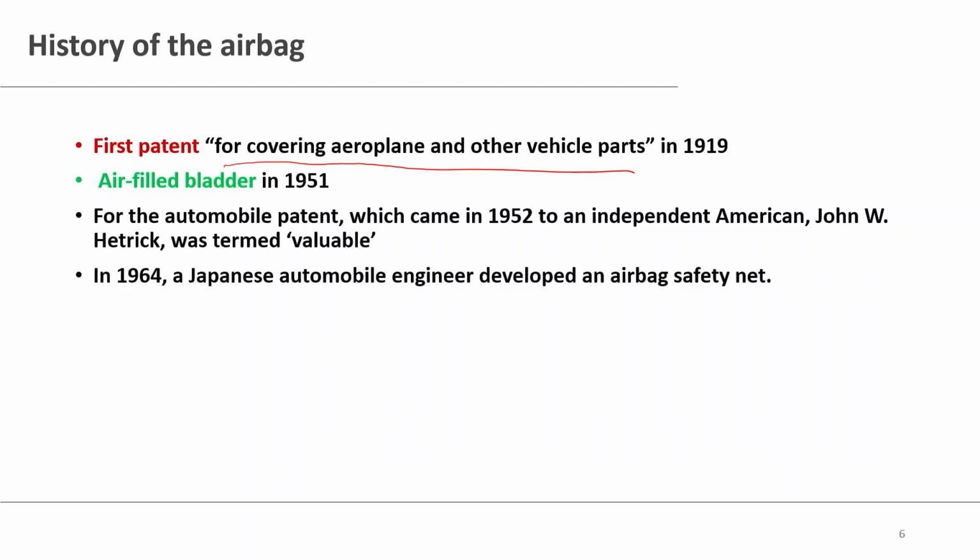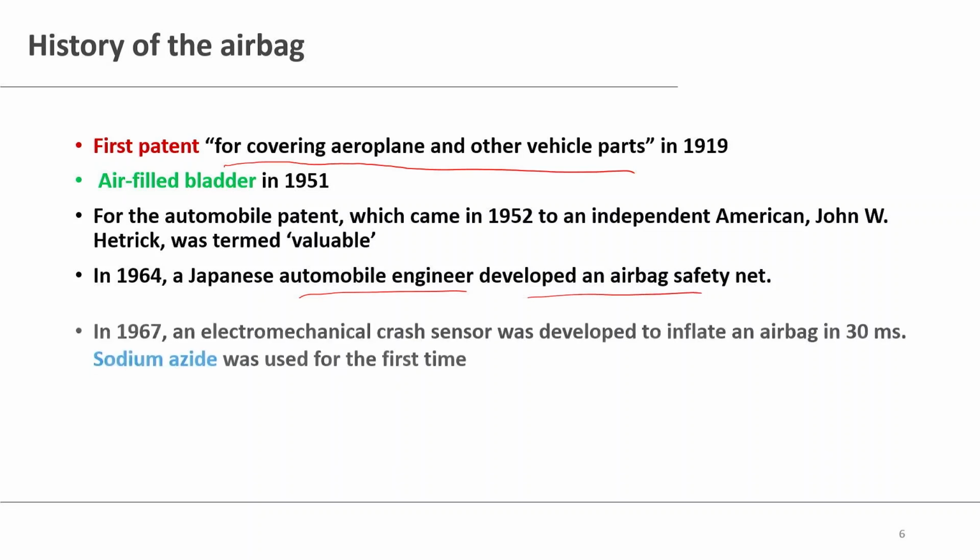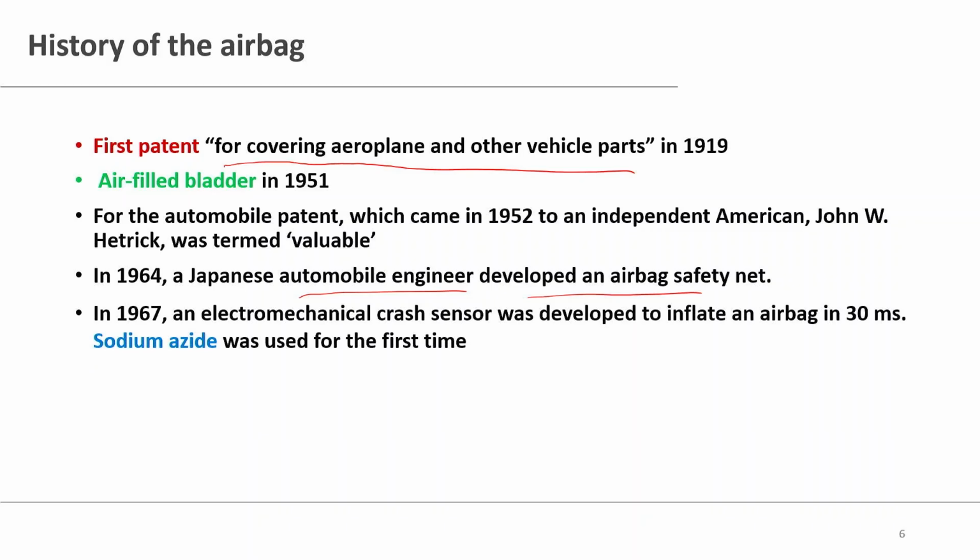In 1964, a Japanese automobile engineer developed an airbag safety net. Then in 1967, an electromechanical crash sensor was developed to inflate an airbag in 30 milliseconds, where sodium azide was used for the first time, and sodium azide is used till now also.